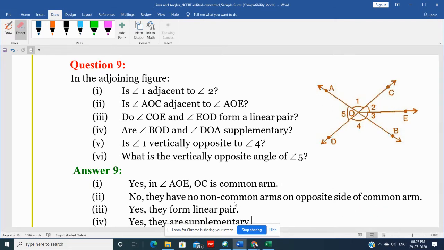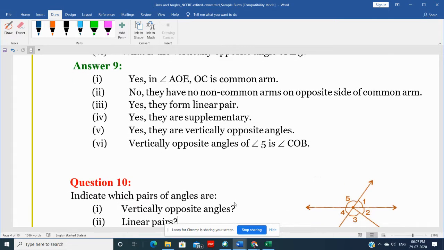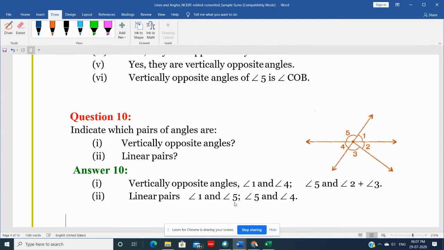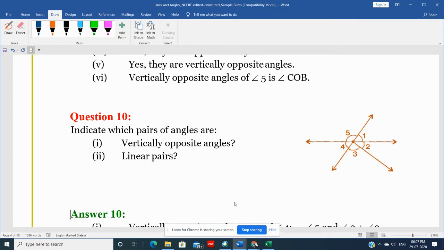Now coming to the next question. Indicate which pairs of angles are vertically opposite angles.